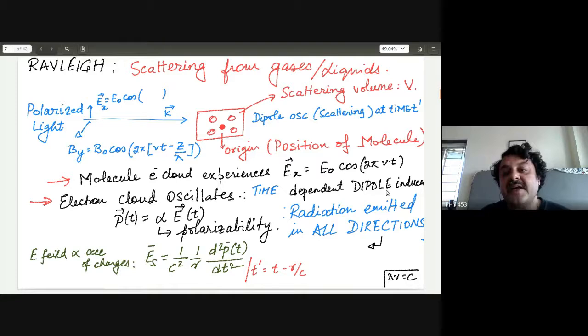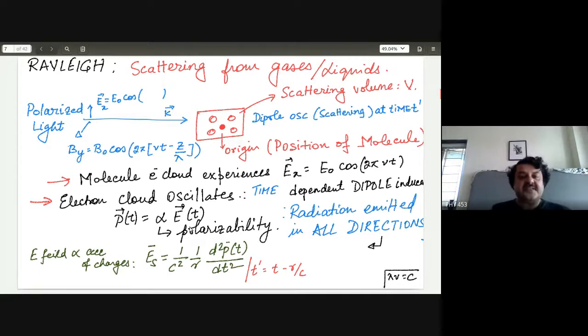So a time dependent dipole is induced. You have separation between the positive and the negative charges, and a dipole which oscillates. The induced dipole moment can be written as P equals alpha, the polarizability, times the incident electric field.